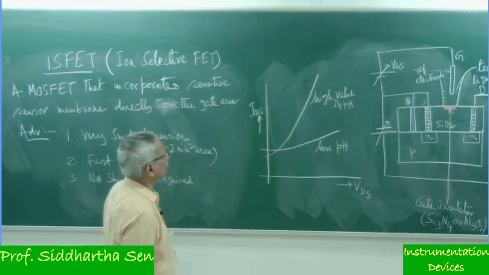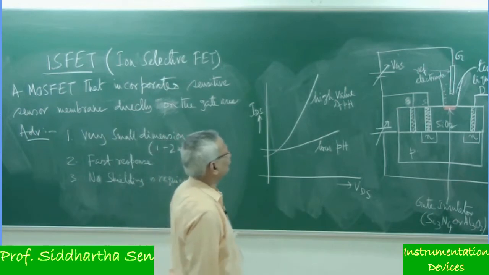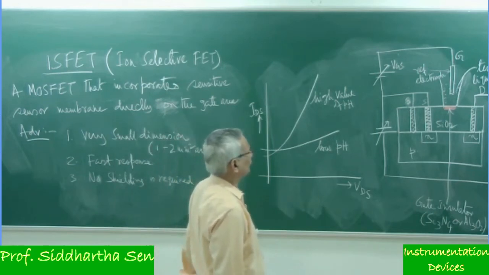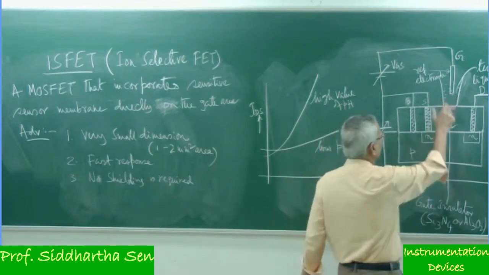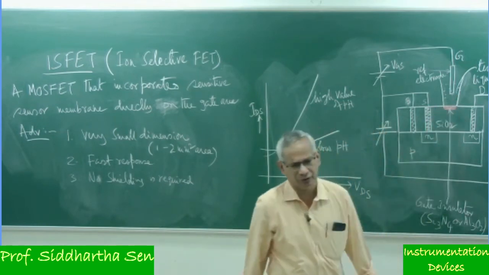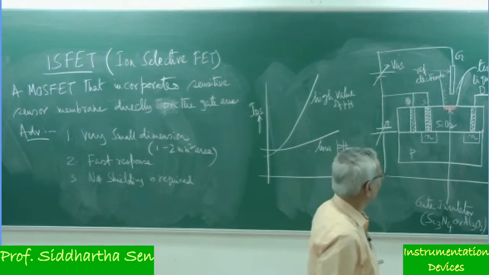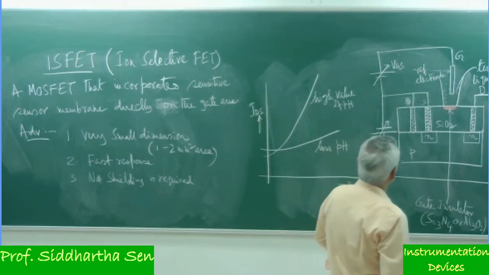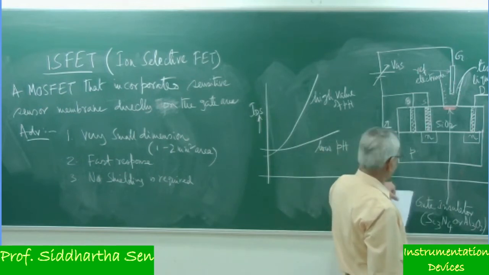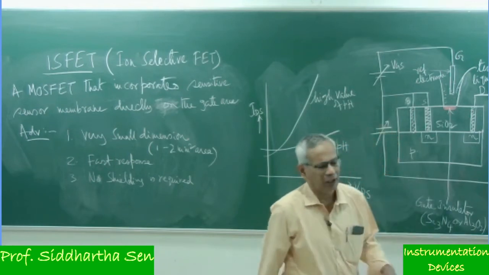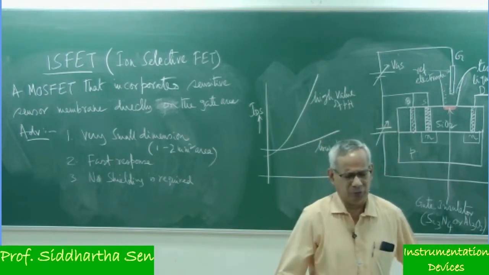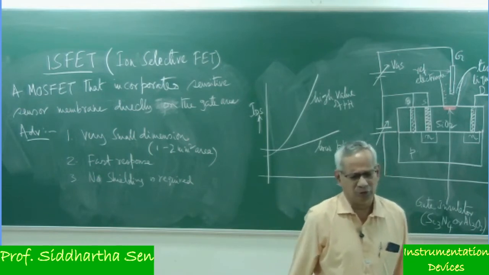So you can easily see that this MOSFET is a very convenient one because it's a very small size. You can put one or two droplets of liquid and it will change the characteristics. And in an integrated circuit, you can have the output voltage also from this and give some analog output voltage there.